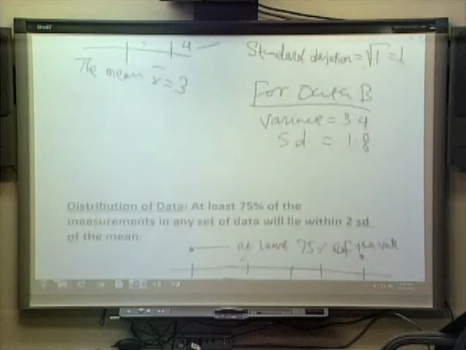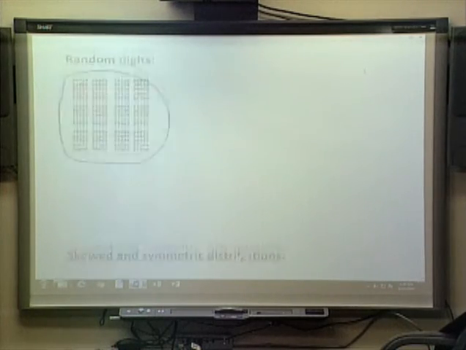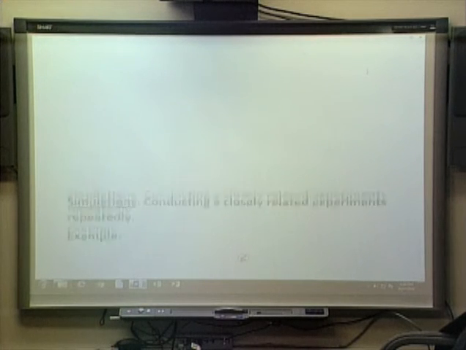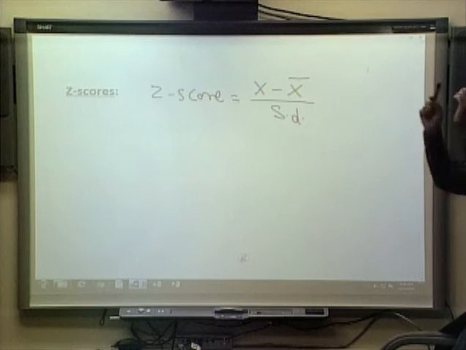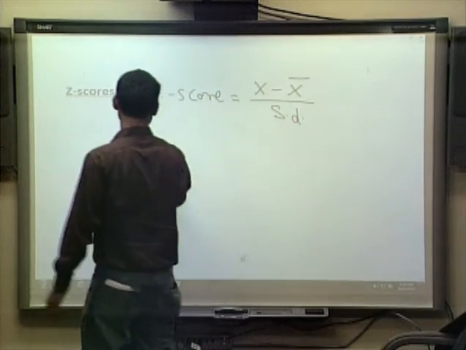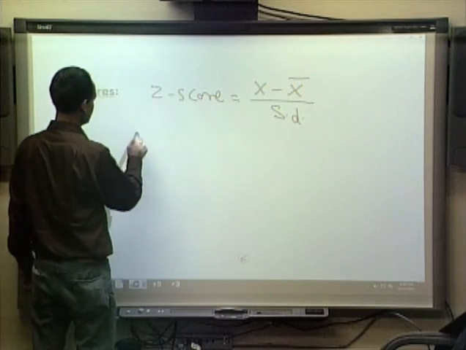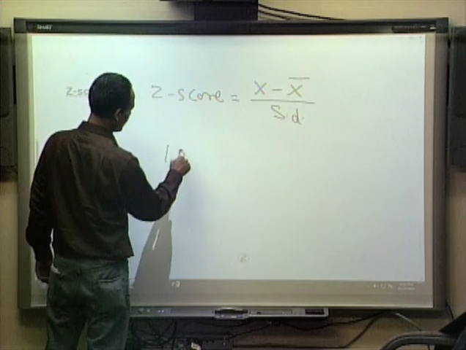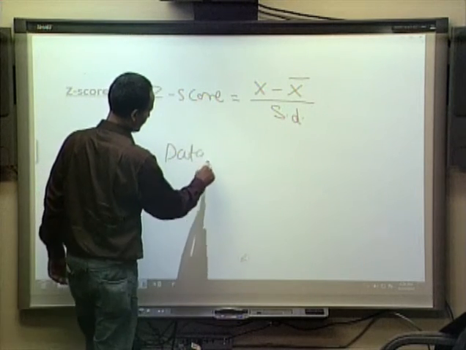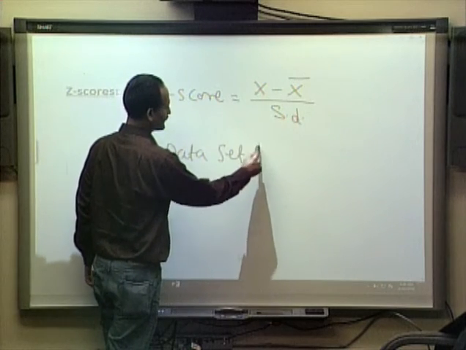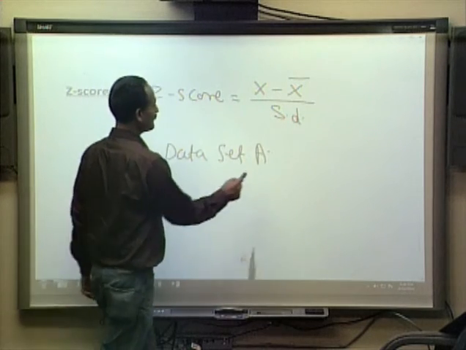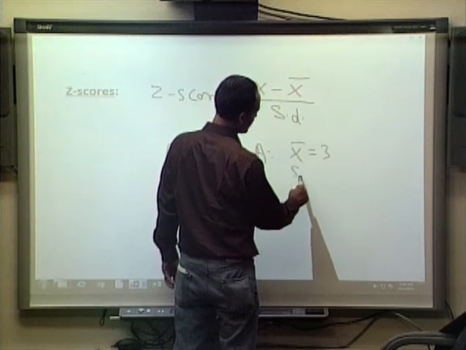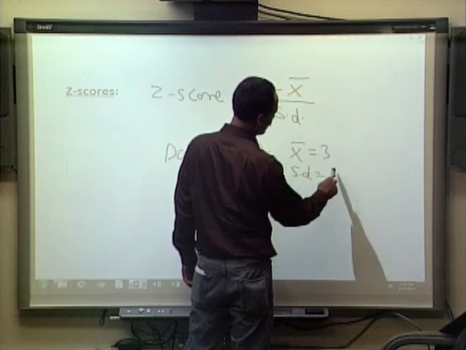For data set A, we know x bar is 3 and standard deviation is 1.8.